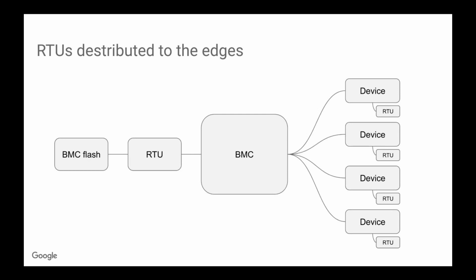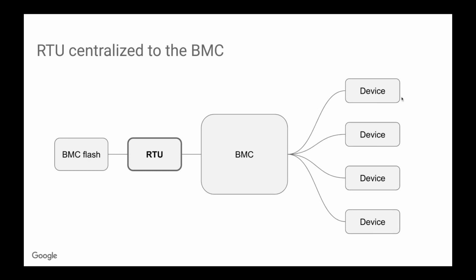In cases where we have PCBs, it becomes the same concept that can be extended hierarchically, where there is an orchestration device on a subassembly, if you will. Yeah, I think that's where I was getting at with this diagram: you can end up with a hierarchy where these things boot off the BMC, the BMC gets guarded by the RTU, which boots off its own flash chip.